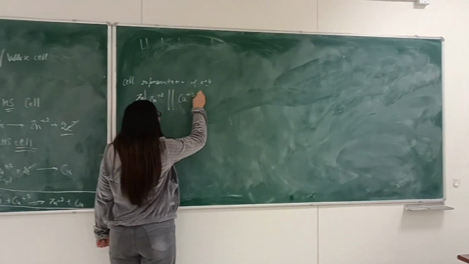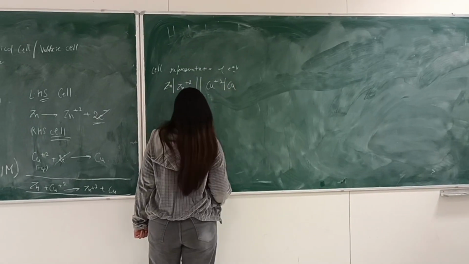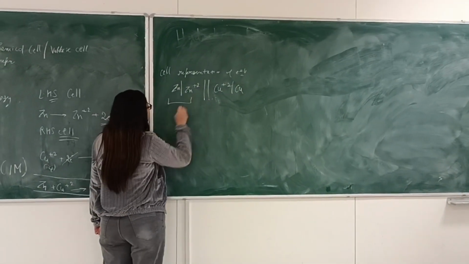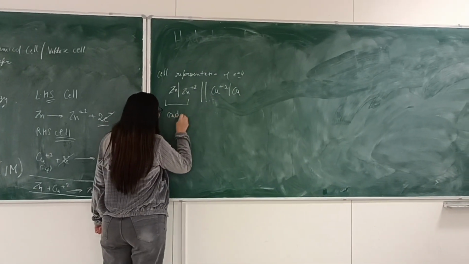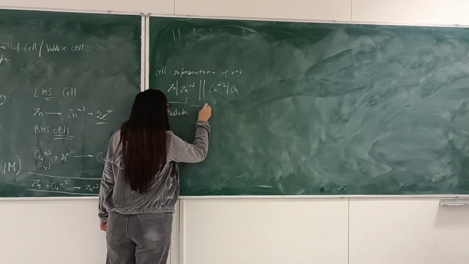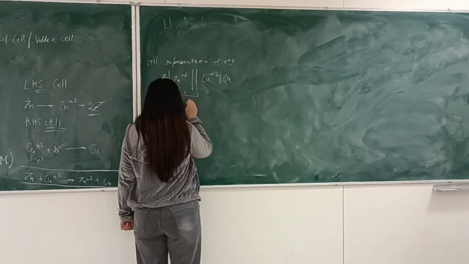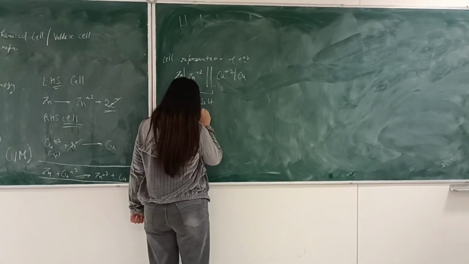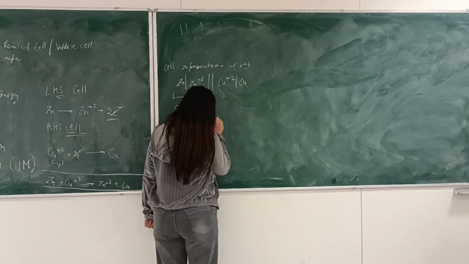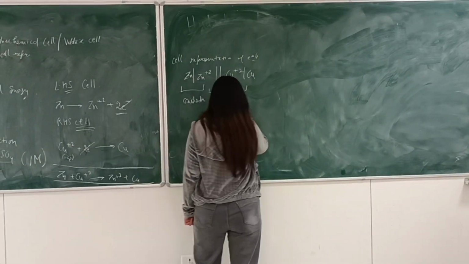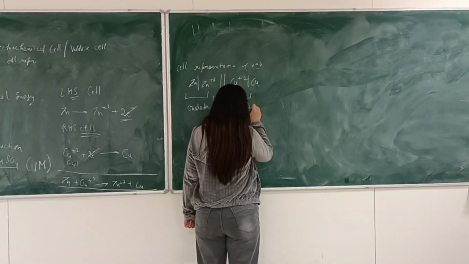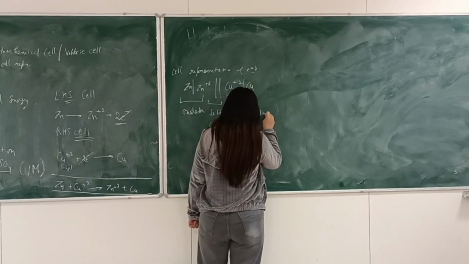Then copper 2 positive will be converted to copper, and this is the reduction taking place here.